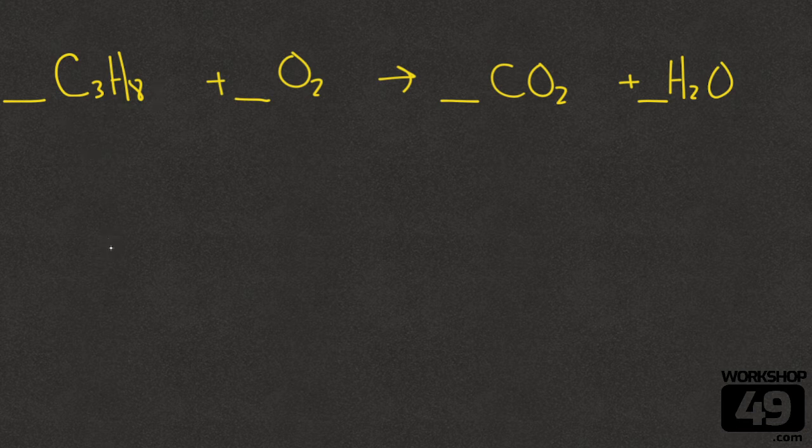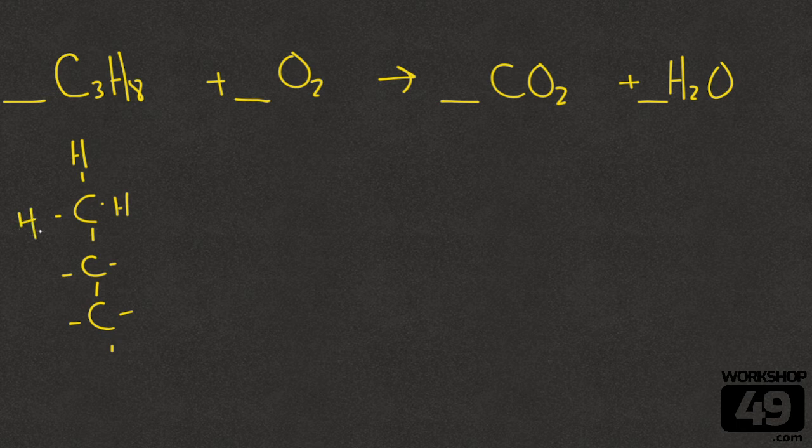And you know what? It really doesn't matter how you draw this right now, just as you're learning and practicing these, as long as you know that that's just a big block. That's 3 carbons attached to 8 hydrogens. So I'm going to go ahead and draw this one, and it actually is not too bad to draw, but it doesn't matter how you draw it, or even if you draw it, if you can keep track of how many carbons and how many hydrogens you have.